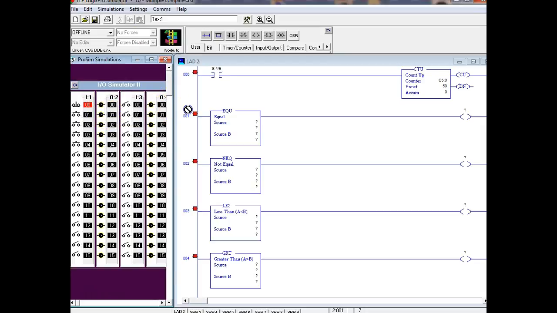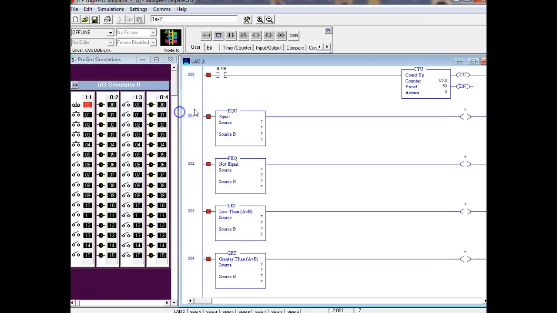So all these other ones we'll use is output 4.